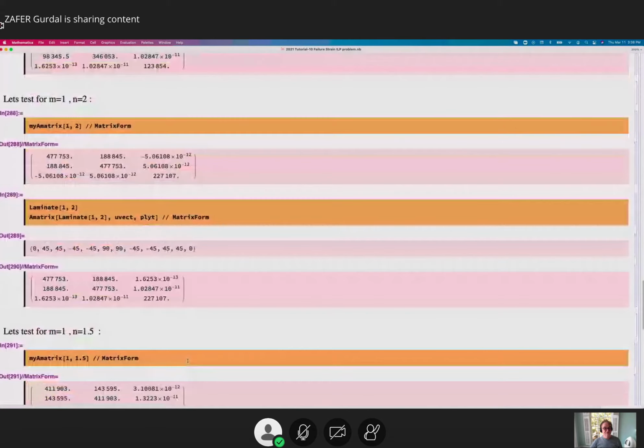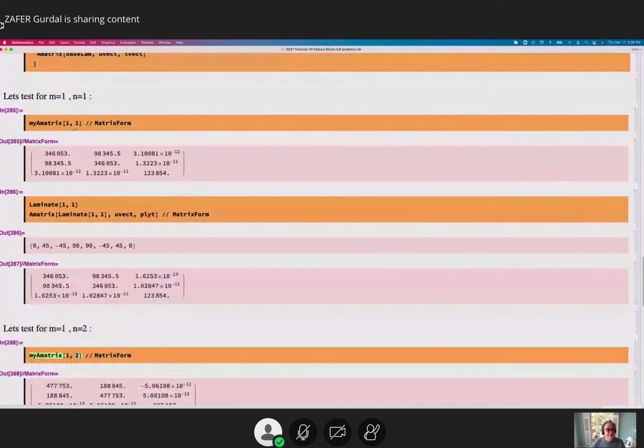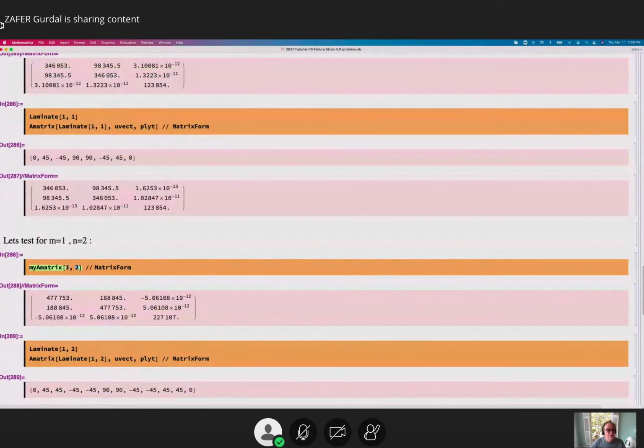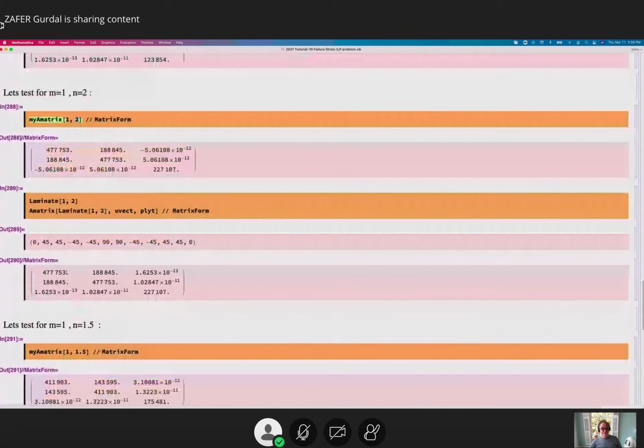Just to show that even the 1.5 does the correct thing, let me do 1 here. 1 is done here. Actually, I can show it here too. So this is 346. If I go to twice the 45s, I get 477.